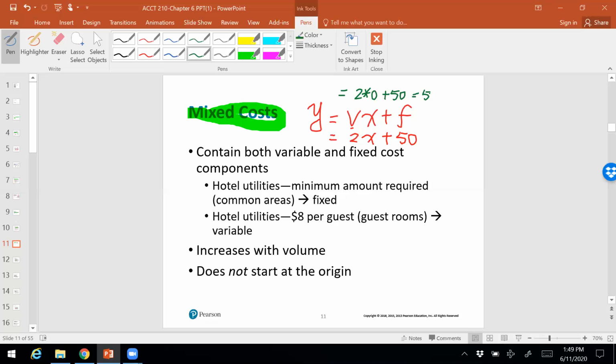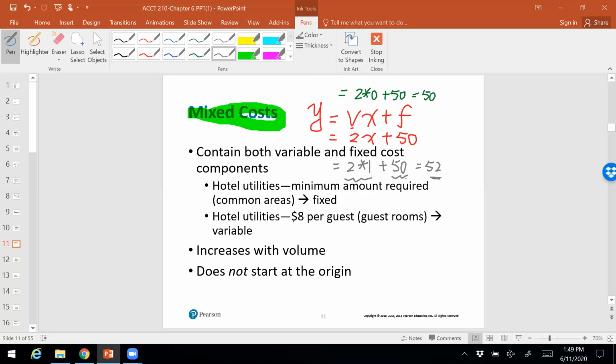So even the month I didn't drive anything, my total cost will be $50. But if I drive 1 mile, it will be 2 times 1 mile plus my fixed cost, so that will be $52. So my total cost is a mix of the variable cost and also the fixed cost.